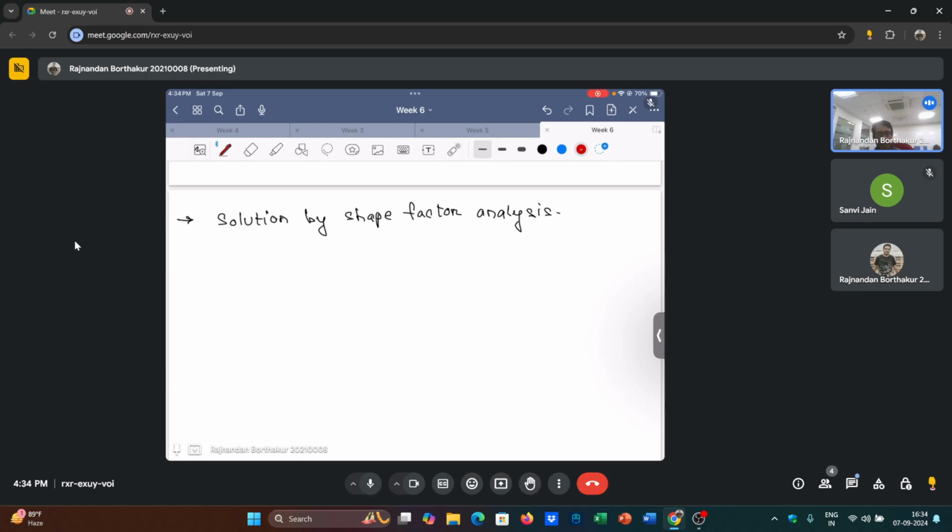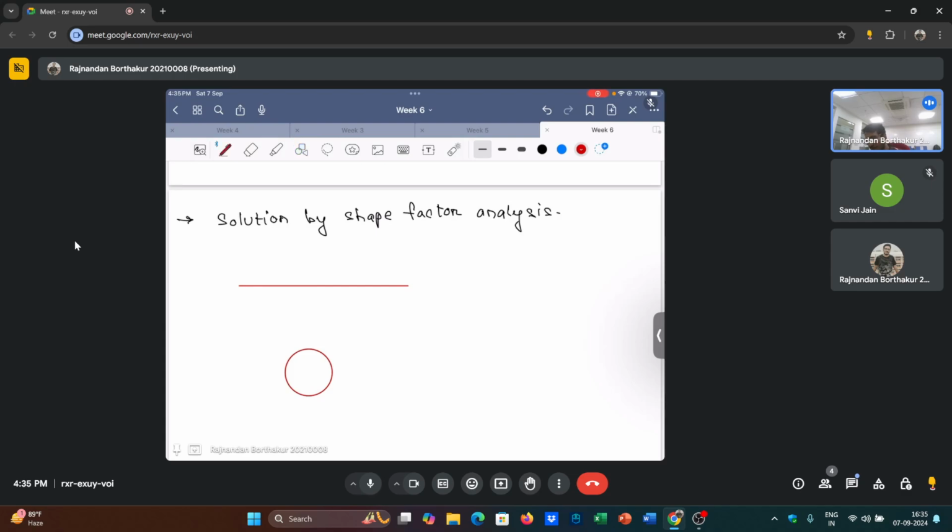Now these shape factors are very easy. How they are calculated is that for prescribed geometries, the expression of the shape factor, as you have seen in your theory class, is already known. For instance, let's say I have a sphere inside the earth crust.